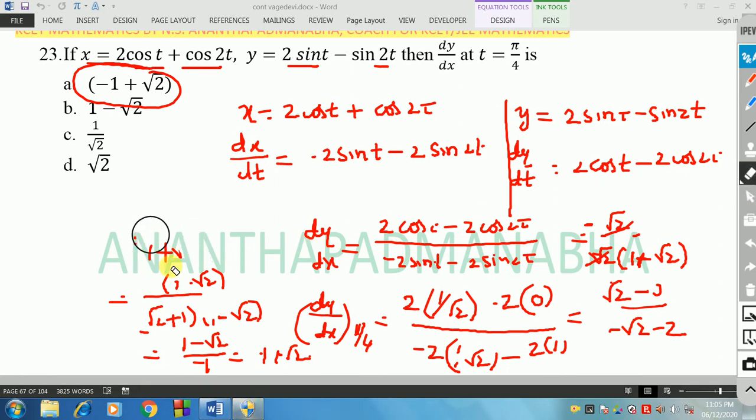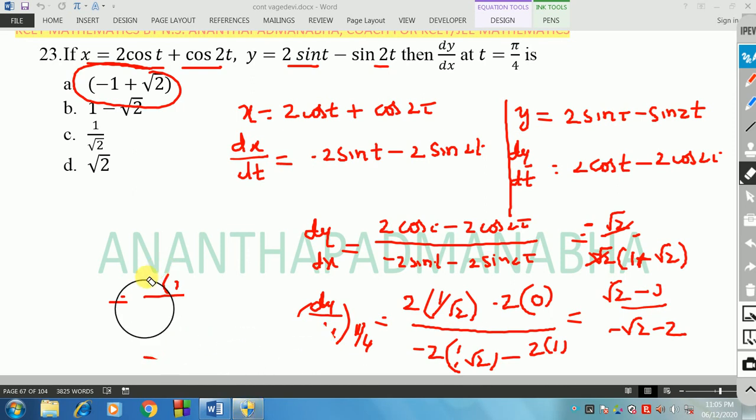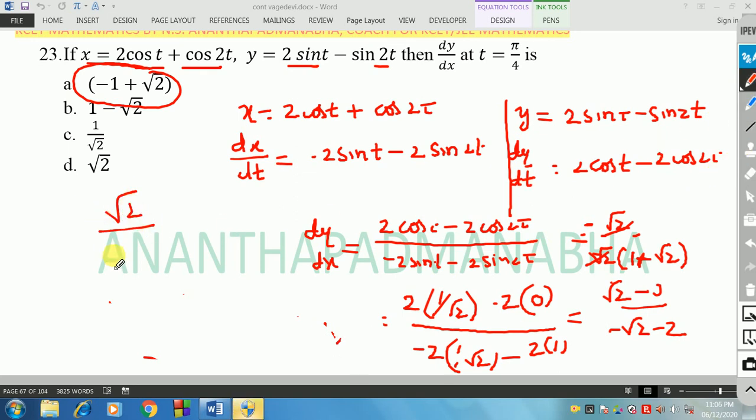I will do this again. That is root 2 in the numerator, minus root 2 is taken common, so you get root 2 plus 1, or 1 plus root 2.